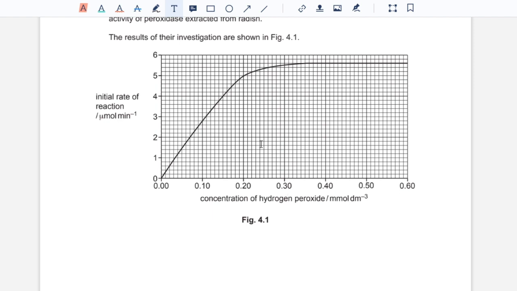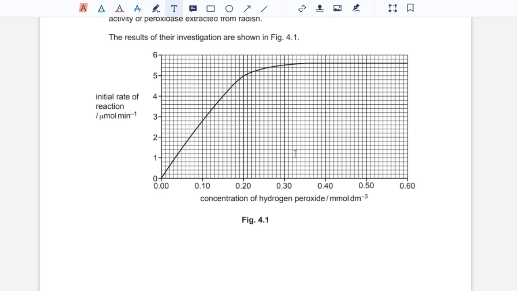The substrate concentration is the limiting factor, as there are more active sites empty than there are substrate molecules, and so as the substrate concentration increases, the collision between substrate and active site also increases, therefore increasing the number of enzyme substrate complexes forming, and therefore the rate of reaction also increases.